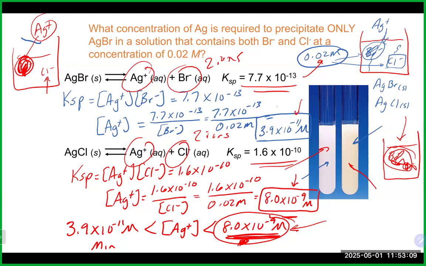And because the silver chloride is larger, that means it should be more soluble, have more products than the silver bromide in this particular case. So this is actually a case where we could use the KSP values to predict which one should precipitate out first and which one should be more soluble, based on the fact that they both break apart into the same number of ions. Any questions on that there?